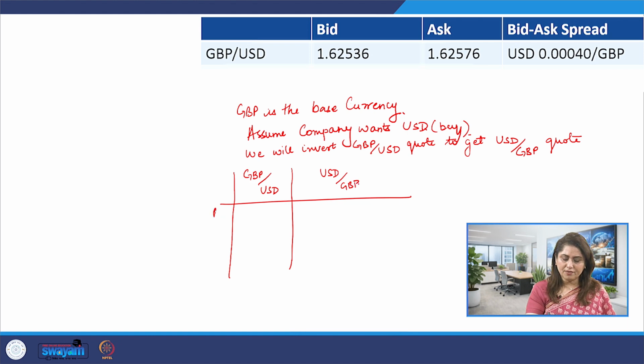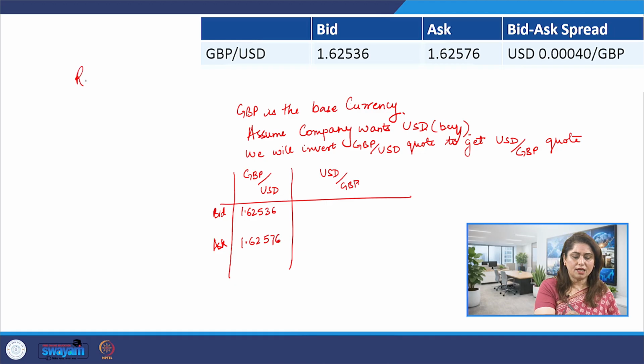We have been given the bid rate, which is 1.62536. We have been given the ask rate, which is 1.62576. Now what is the rule? Very important thing: what is the rule for inversion?